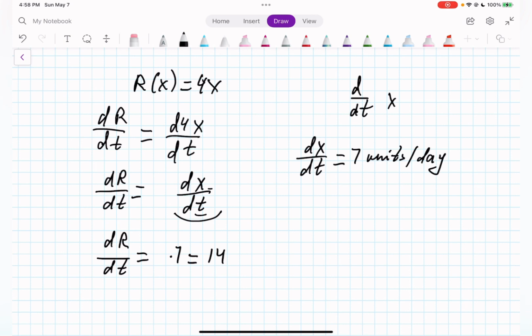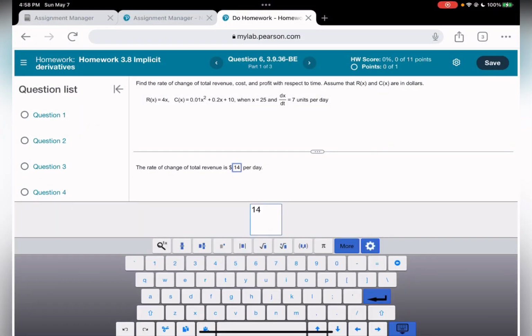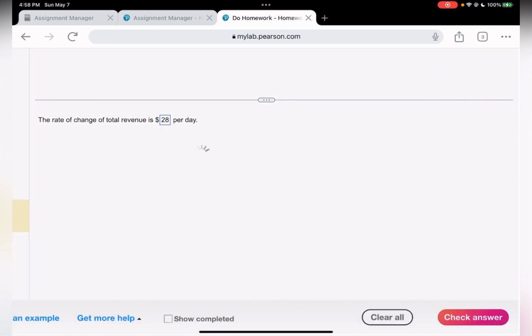Here it will be 4 dx by dt, and 4 times 7 is going to be 28. Never mind, we will go back and fix it. I'm pretty sure somebody noticed early, so you expected that I would get the wrong answer. Okay, there we go. Now we got it. Fantastic.